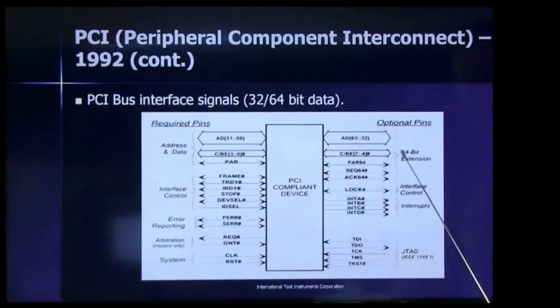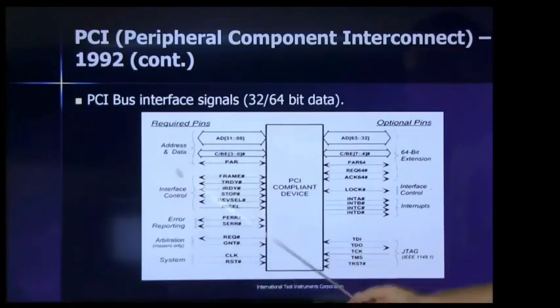What is optional is to implement the 64-bit parts of the signal, so that if your device is a 32-bit device, only lives in the lower 32 bits of the address space, for instance, then it does not need to implement these signals. Also, you don't need to have interrupt support if your device is, for example, a polling device that does not interrupt. You don't need those. And also you don't need the JTAG signals.